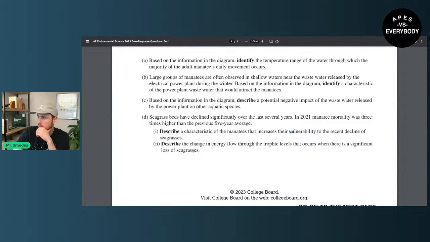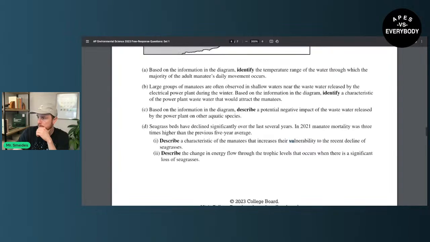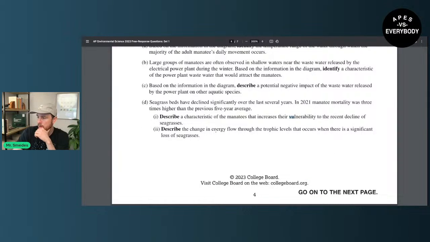Or let's go down to D, part 2. Describe the change in energy flow through the trophic levels that occurs when there's a significant loss of seagrass. So you can say, with a loss of seagrass, energy is not going to flow to this trophic level.